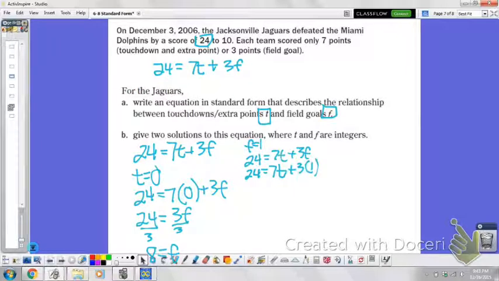So I need to solve this for T, so I have 24 is equal to 7T plus 3, subtract 3, giving me 21 is equal to 7T, divide by 7, and I get T is equal to 3. So 3 touchdowns and 1 field goal will also be a solution. So there we have our two solutions: 0 touchdowns and 8 field goals, or 1 field goal and 3 touchdowns.